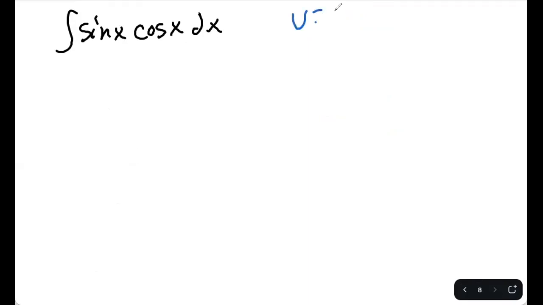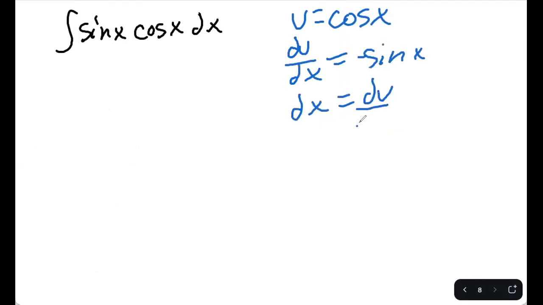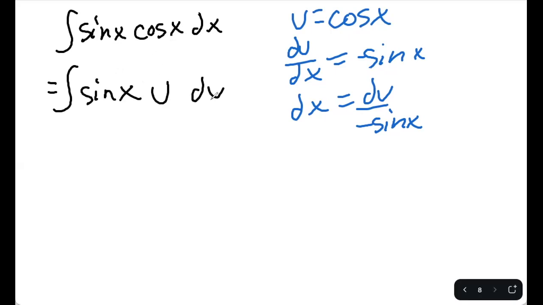Oh no. Let's try u equals cosine x just to make a point. I'm only doing this to make a point. So dx is du over negative sine of x. Plug everything in, and u is cos, so replace cosine with u. Sine du over negative sine x.